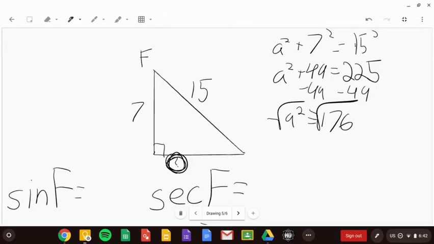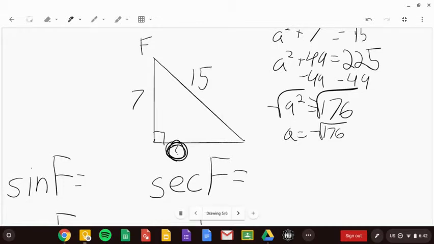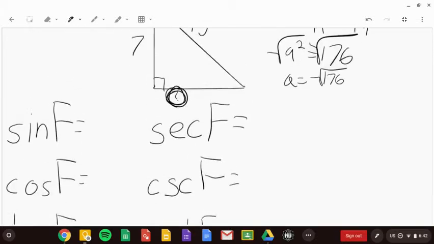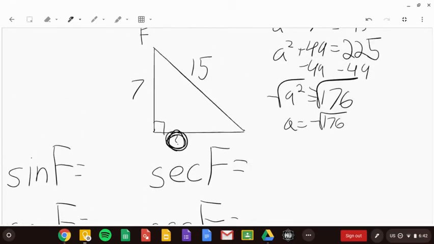That's not a great number, so we'll just leave it as a equals square root 176. Now we're going to try to find all 6 of these trigonometric ratios.